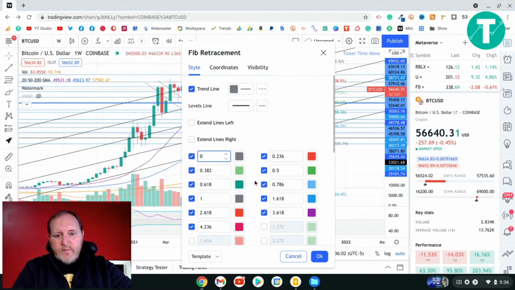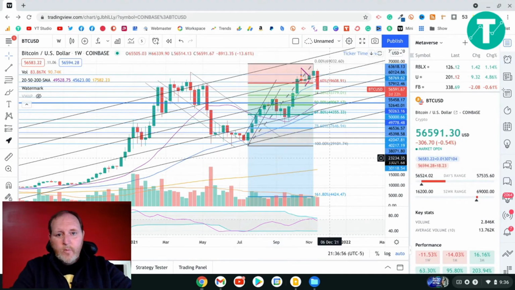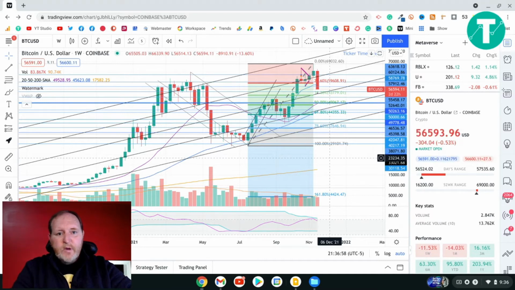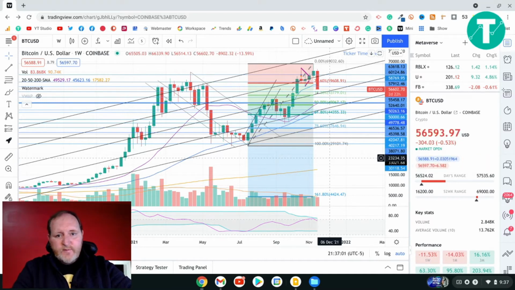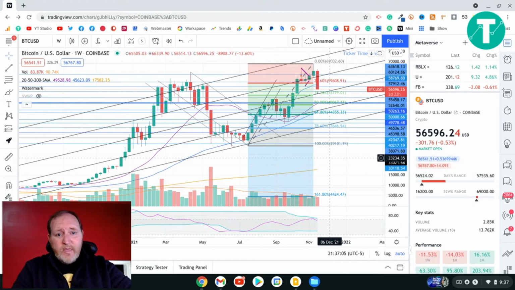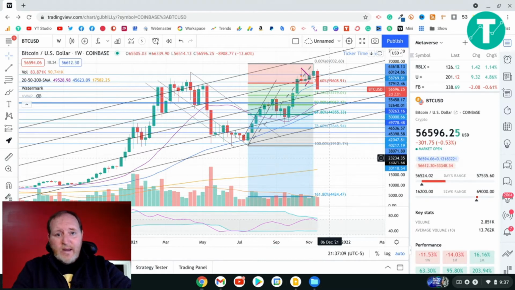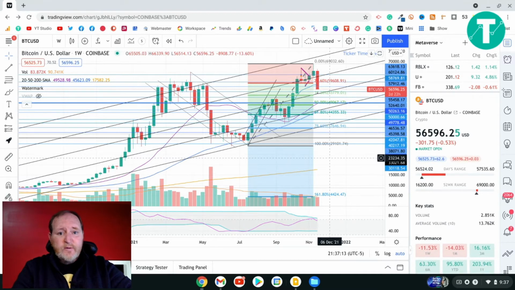Those are the most important numbers that we need, and by default in TradingView, those are the numbers that are selected. Now, here's what we're left with. The first three ratios act as compression zones, where the price can bounce around like a pinball, while the 0.786 mark acts like the line in the sand, where breaches signal a change in the trend.